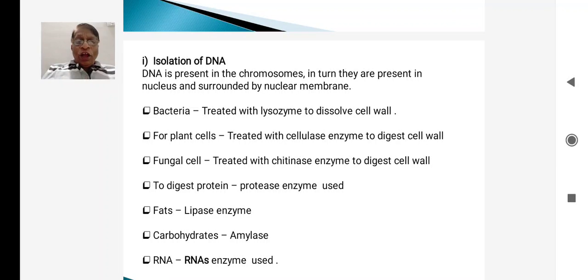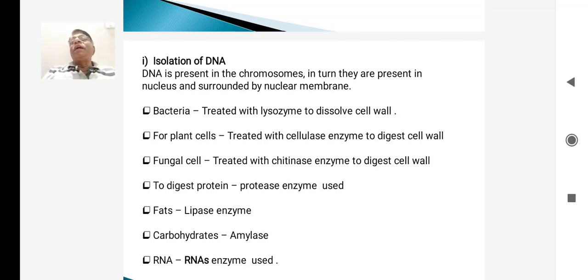The cell not only contains the DNA, it also contains RNA, fats, proteins, and carbohydrates, the other chemicals. The fats are dissolved by the enzyme lipase.